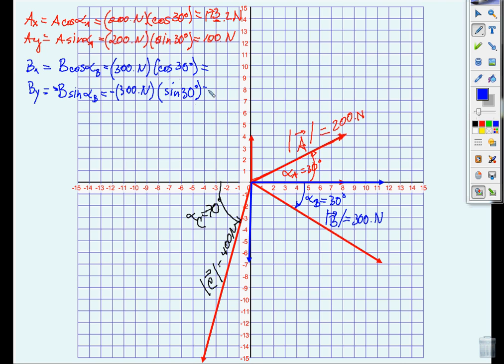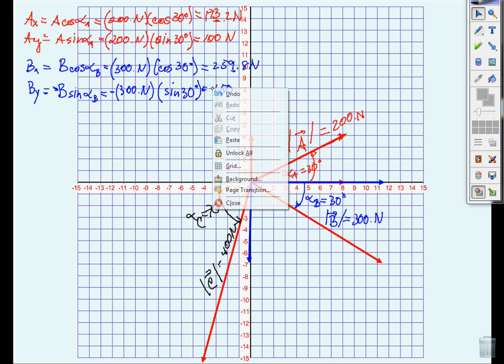So you grab your calculator and you write 300 cosine of 30 degrees. That is equal to 259.8 newtons.